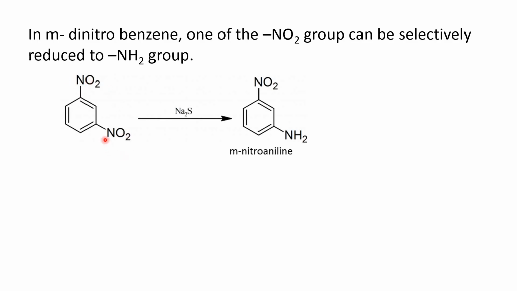But for this selective reduction, the specific reagent is sodium sulfide or ammonium sulfide, whereby one nitro group is reduced to an amino group and we get meta-nitroaniline, where one group is an amino group. And this is our compound Z.